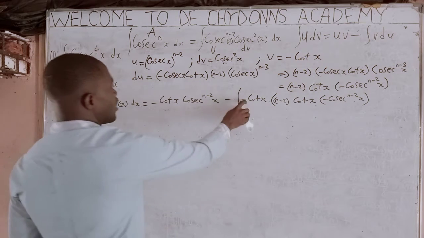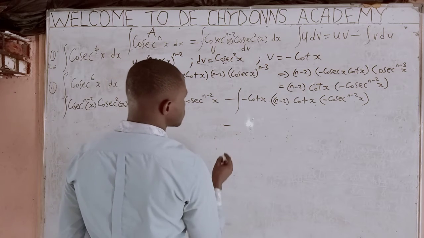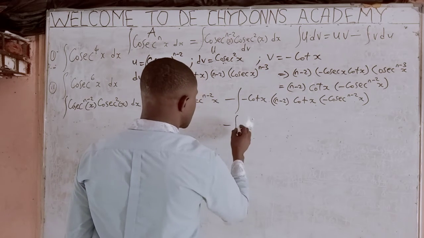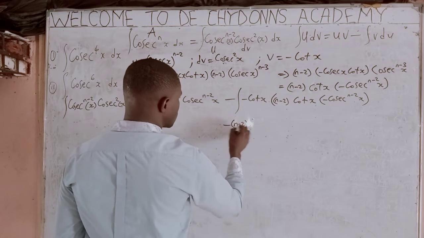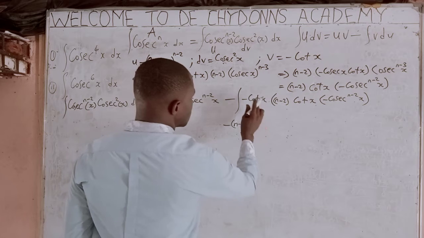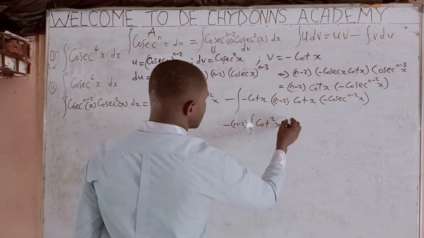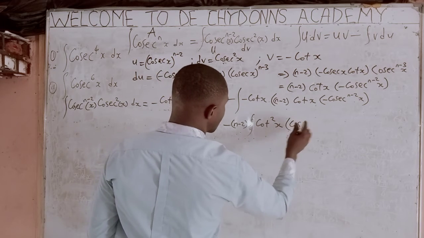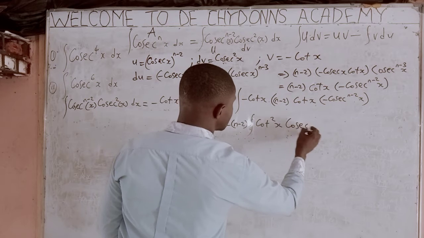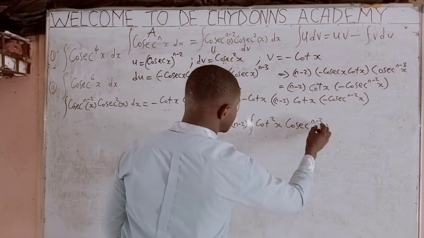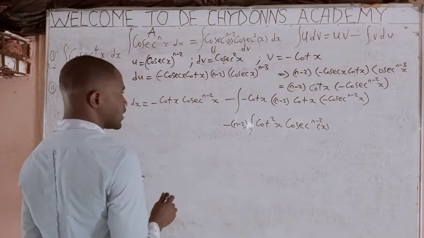We now say minus times minus gives plus, times minus gives minus. We carry this n minus 2 out of the integration. This gives cot squared x times cosec^(n-2) x.